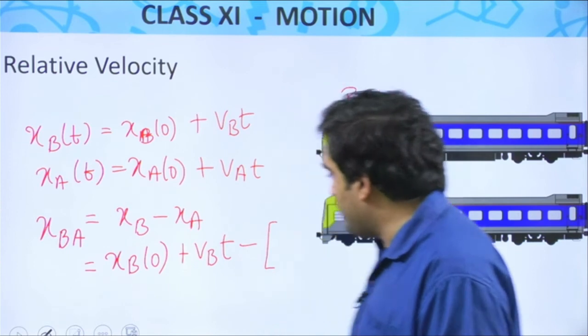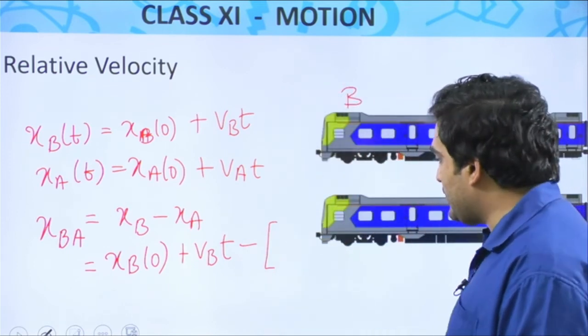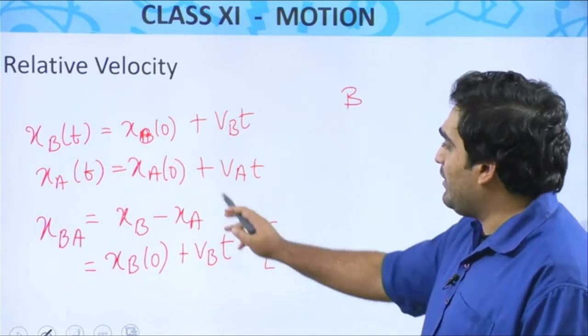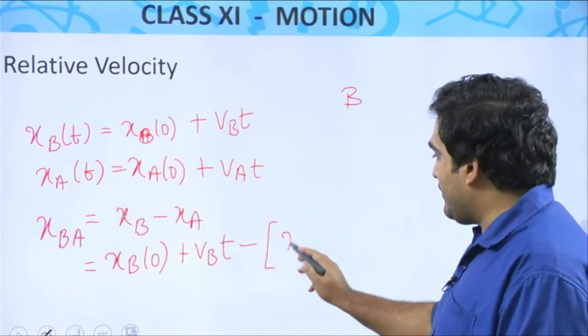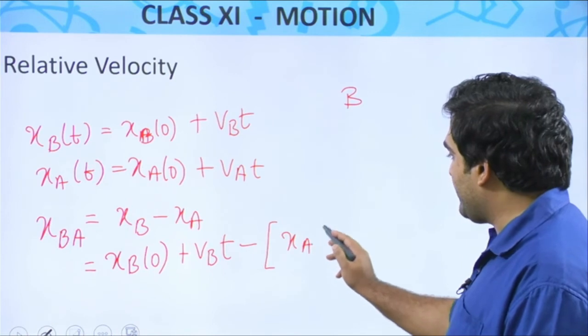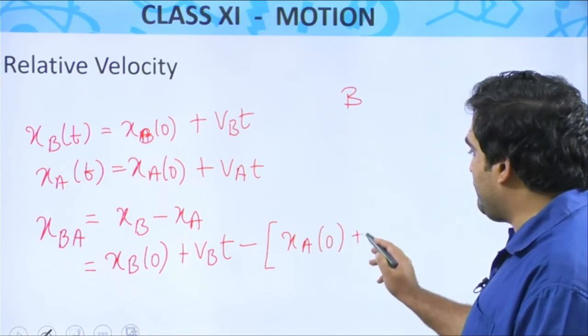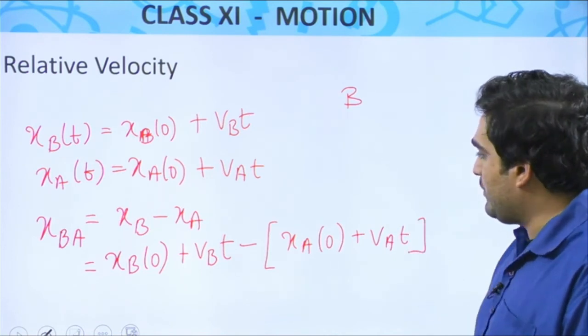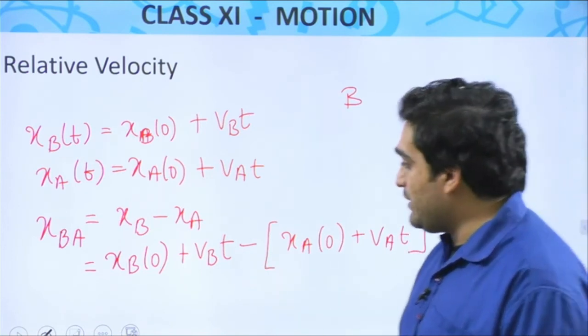All right, choo-choo train, you can move to the other side. You can wave goodbye to those choo-choo trains. Now we substitute xa of 0 plus va of t. Now you do the sign multiplication.